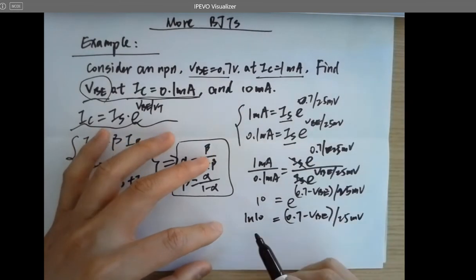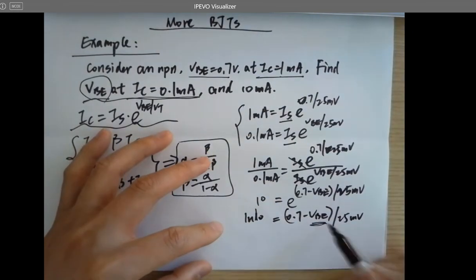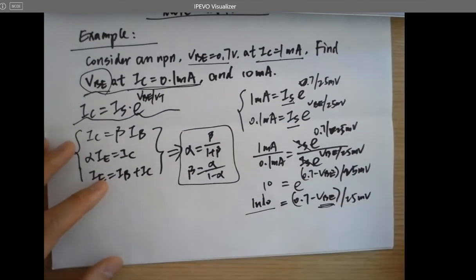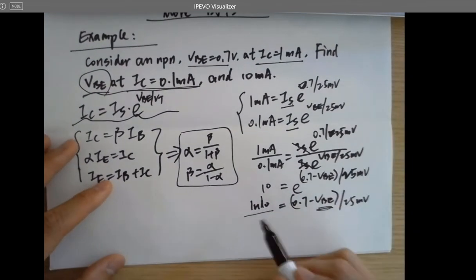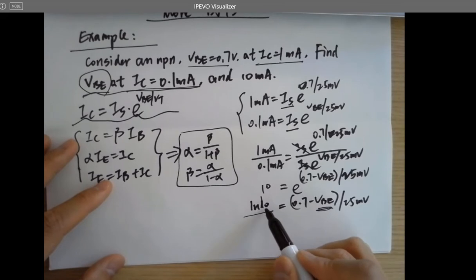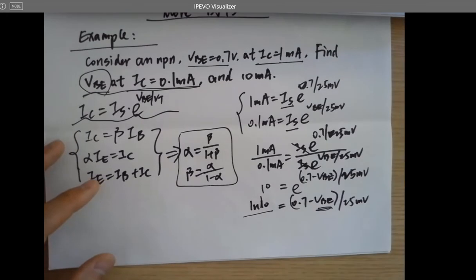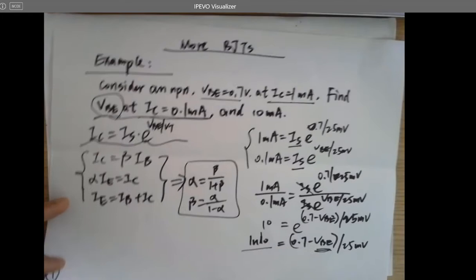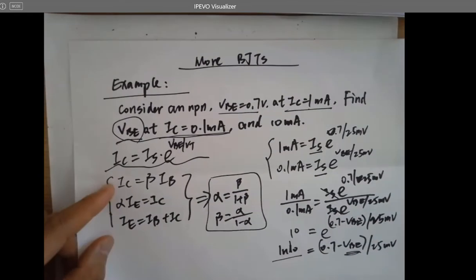So you can calculate for VBE here, use this equation. You can just Google for a natural log calculator online. So what is natural log 10? I don't know, somewhere less than 3, 2 point something, I guess. And then calculate for VBE. Okay, that's how you do this type of problem.